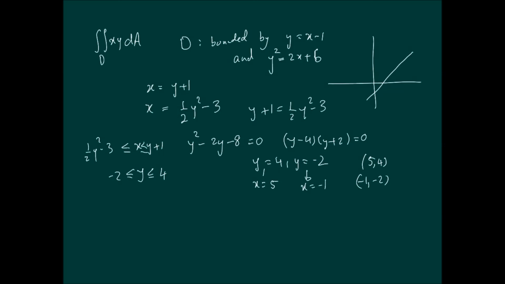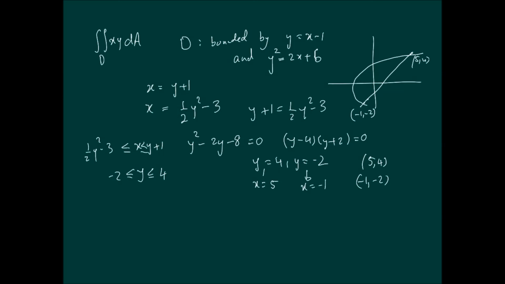Now this is without drawing. Now if you were to draw this, which probably is the best thing to do, you'll have this sort of situation. This is somewhere here, -1, -2. Okay, so this is 1, this is -2. All right, and here, we'll say, is our (5, 4) intersection point, and the curve is going to go something like that.